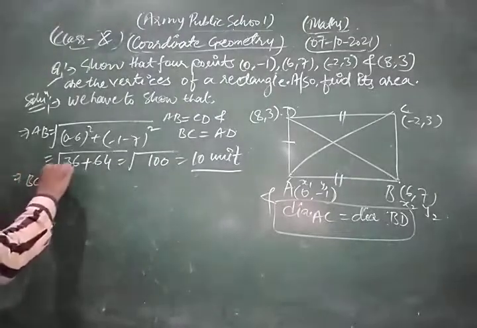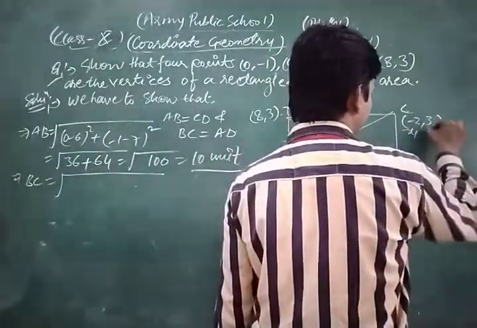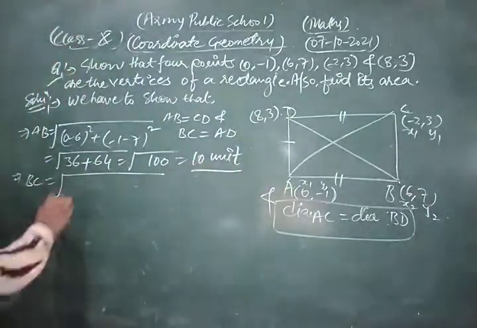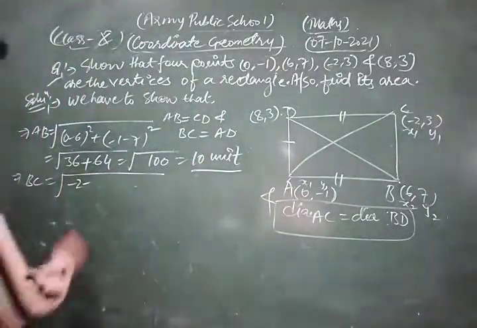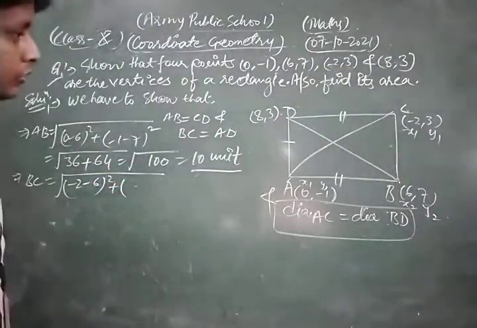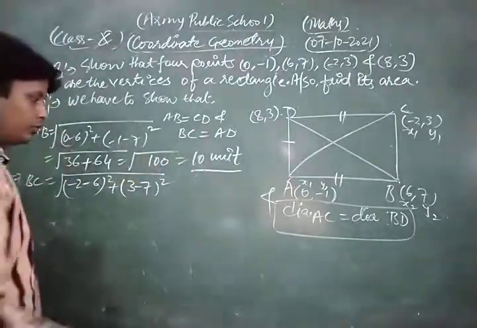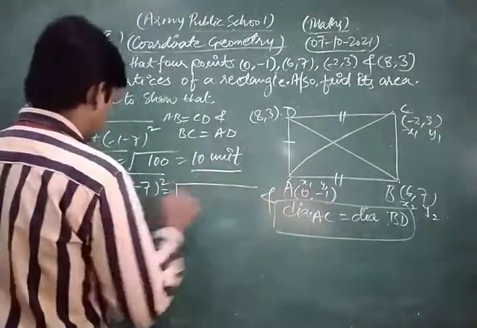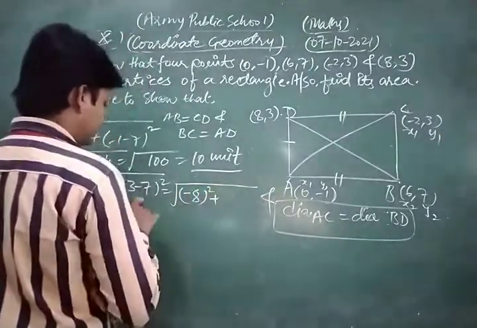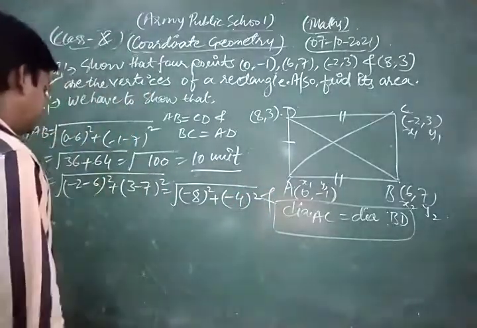For side BC, we also apply the distance formula. For that we take x1 y1 and x2 y2. So now (minus 2 minus 6) whole square plus (3 minus 7) whole square. Now we have this is minus 8 whole square plus this is minus 4 whole square.